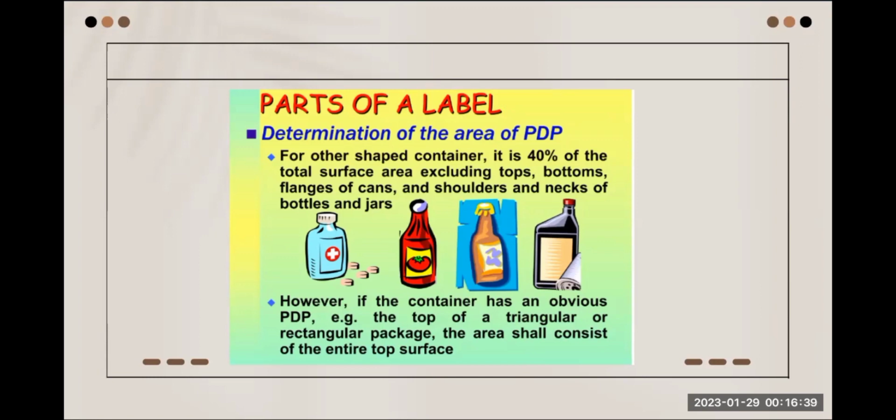Kumbaga sa picture po na to, doon lang po sa pinakababa ng part po ng shape container ang malalagyan nyo. Kasi hindi po tulad ng rectangular shape na buo. Ito po parang cylindrical shape lang din. Kumbaga sa gilid lang pwedeng malagyan ng PDP label at 40% lang talaga yung pwedeng lagyan mo ng label kasi nga iba yung shape niya. However, if the container has an obvious PDP, the top of triangular or rectangular package, the area shall consist of the entire. Next po.